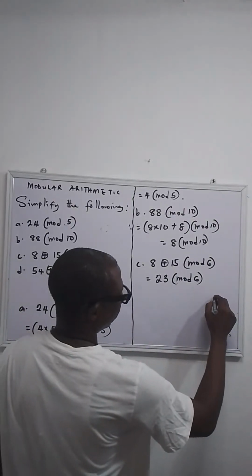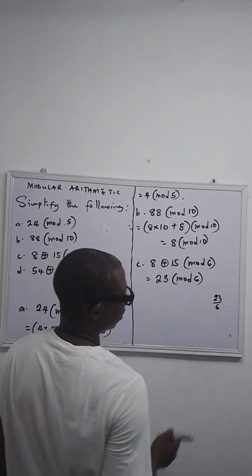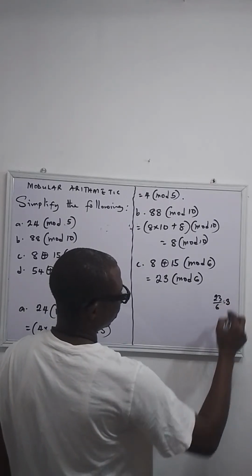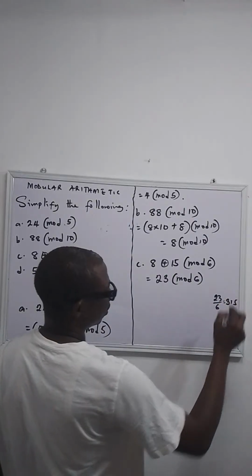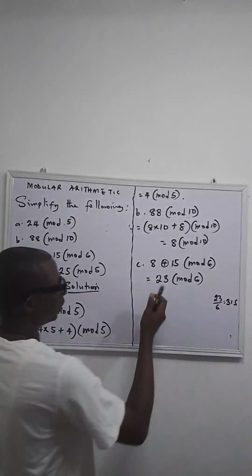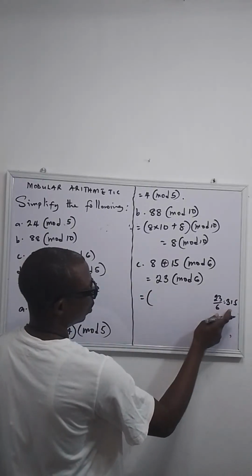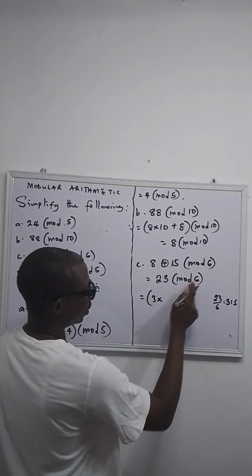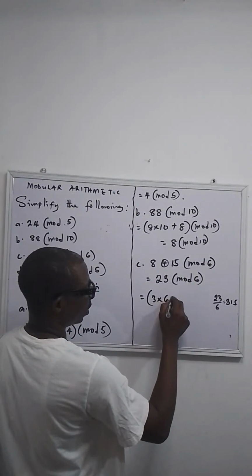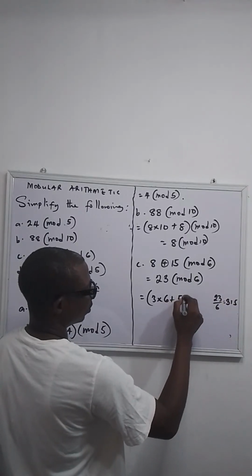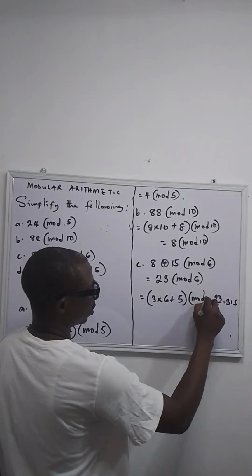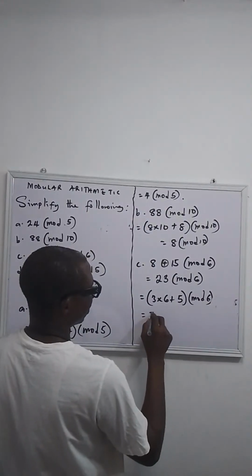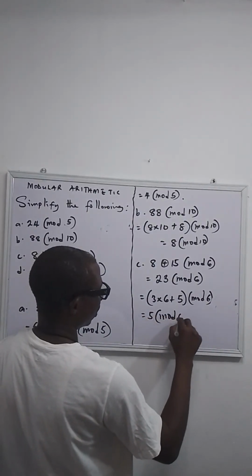So let's do it. 23 divided by 6, we have 3, remainder 5. So the number of times 6 goes in 23 is 3. So 3 times the modulo, that's 6, plus the remainder, that's 5, mod 6. So our answer now is 5 mod 6.